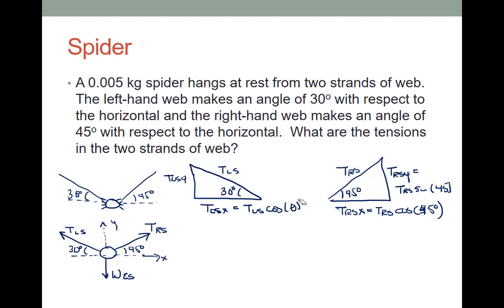And I really should plug in this 30-degree angle because we do have multiple angles floating around here. Also to note that this spider is hanging from rest. He's not accelerating. So at this point, I am able to apply Newton's second law.